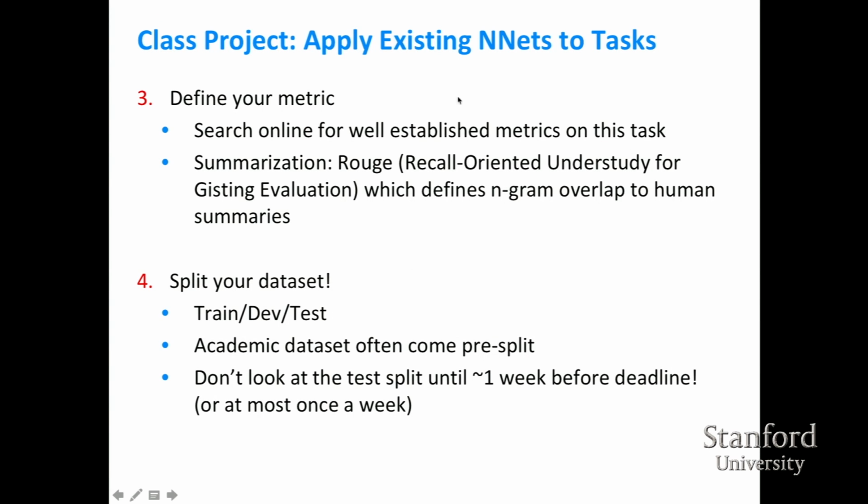Now, for something as tricky as summarization, there isn't just one class or one final answer. You have to either extract or generate a longer sequence, and there are a lot of different kinds of metrics you can use.